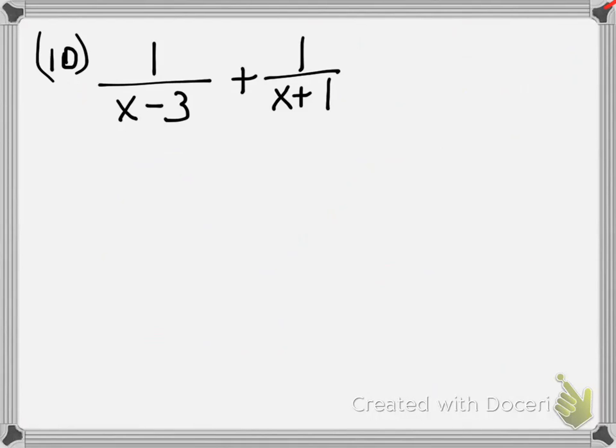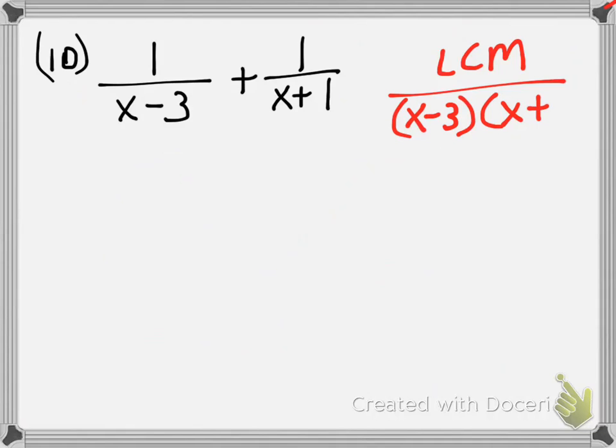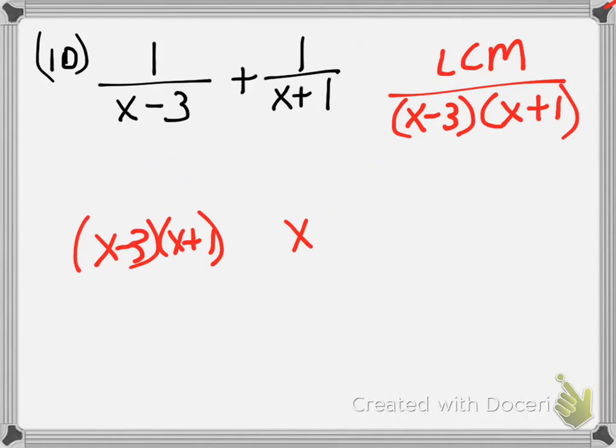For number 10, these denominators do not have anything in common. So I need both of these denominators to make my least common multiple. So that means x minus 3 times x plus 1, x minus 3 times x plus 1.